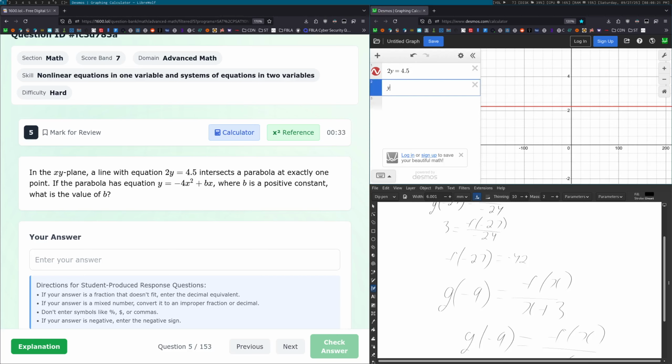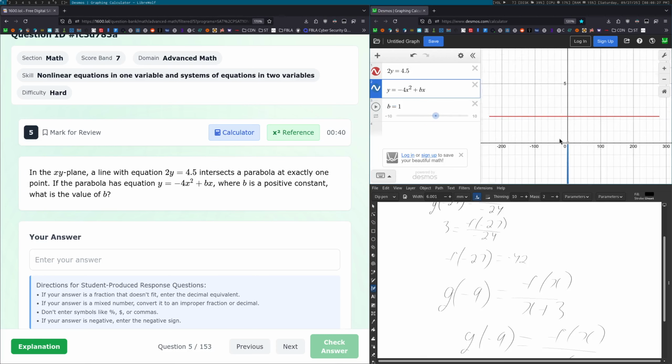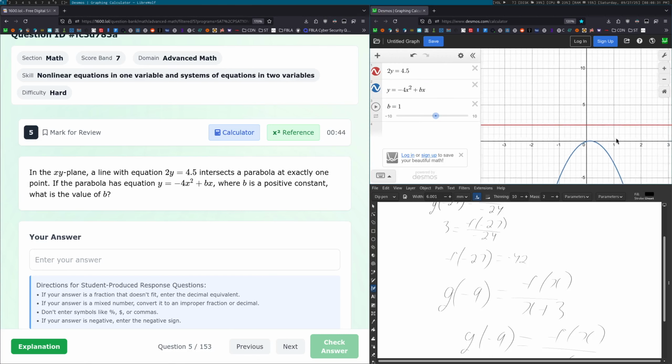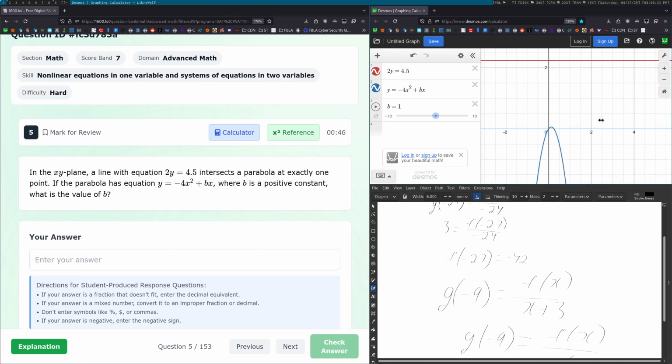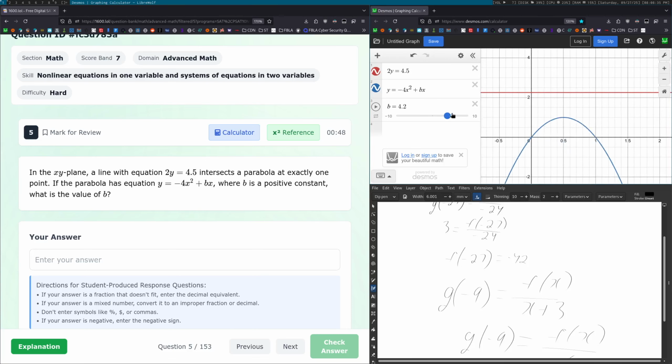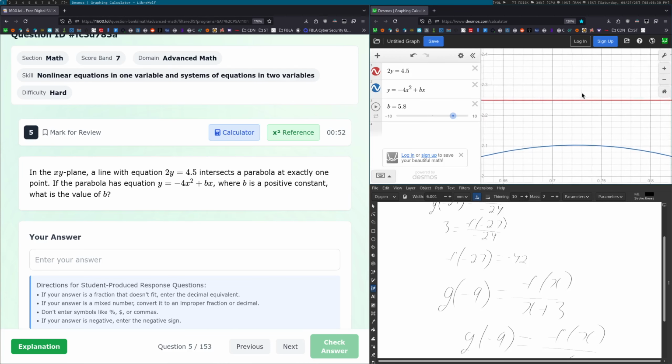And now this parabola, negative 4x squared plus bx. We don't know b, so let's just try all these values. It's got to touch exactly once, so let's keep zooming in to see when this happens. It happens at b is equal to 6.